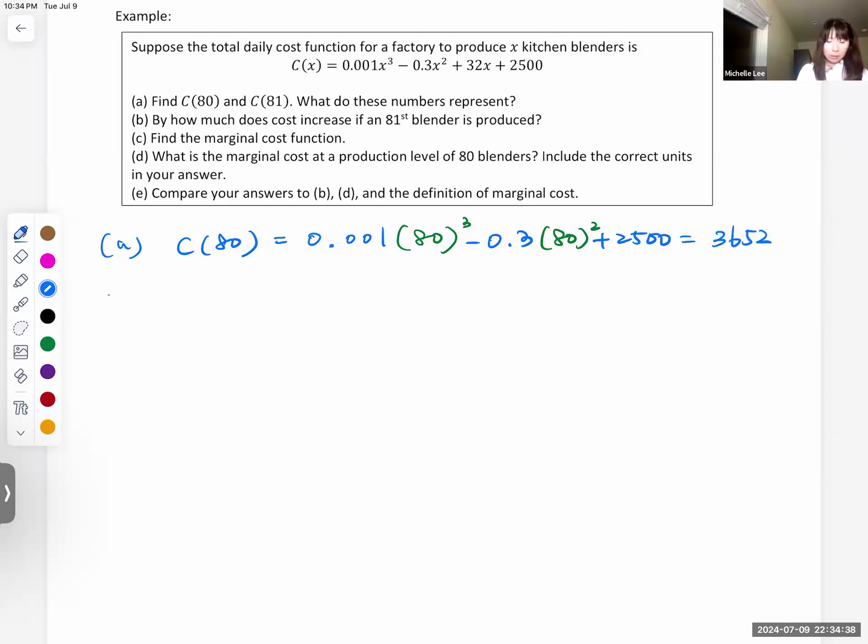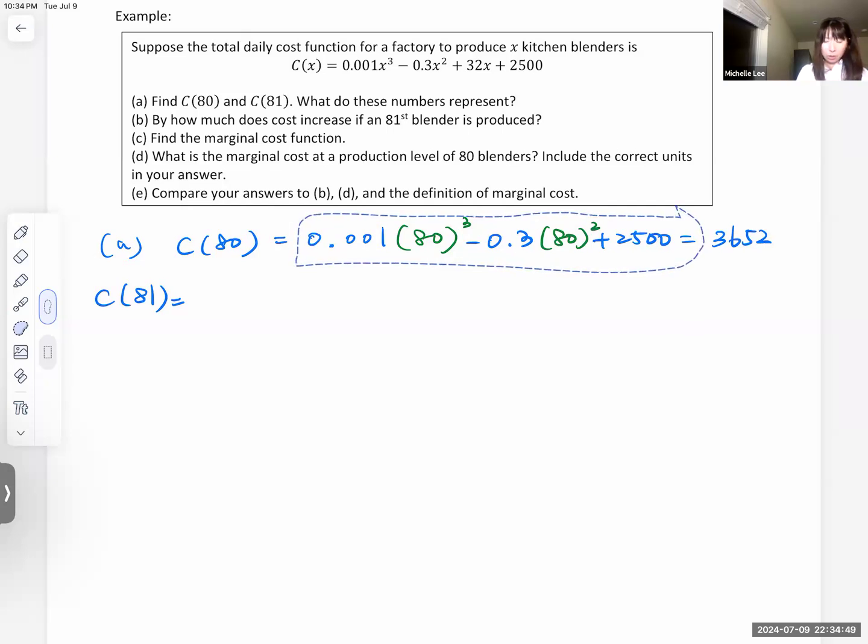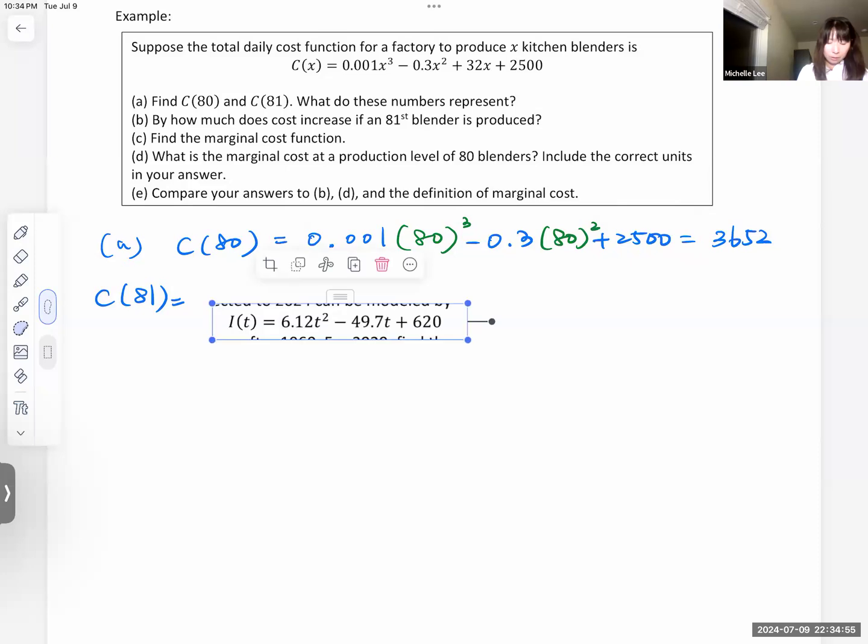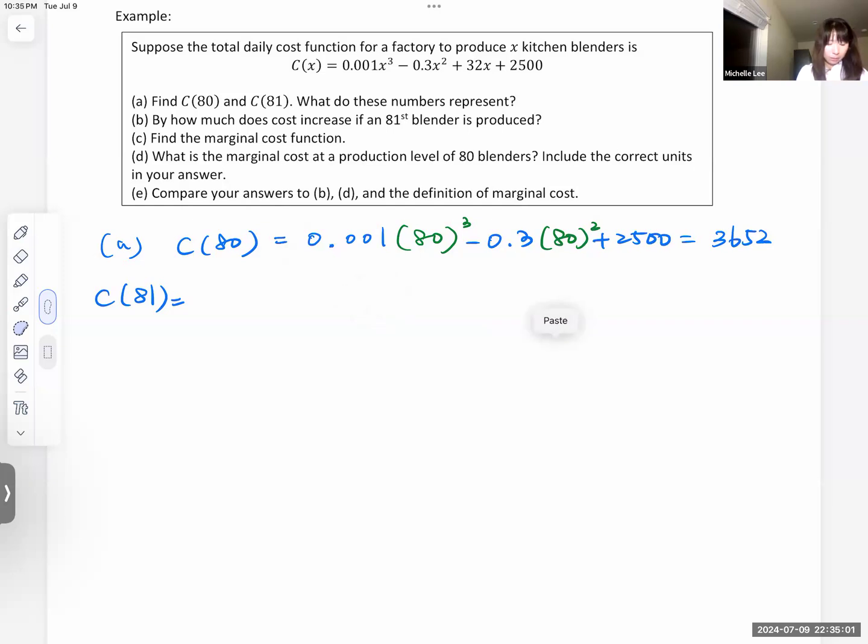Okay, so I get 3652. C of 81, so let's use this one. Change it to 81. Oops. Did I copy? Wait a minute, one more time.